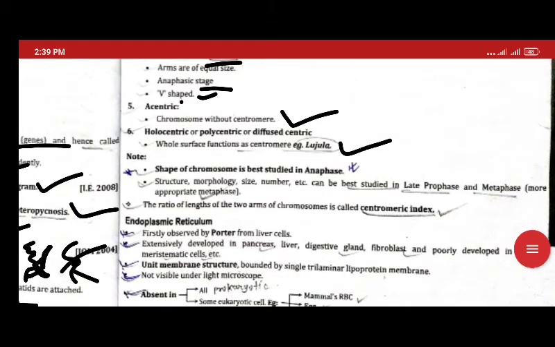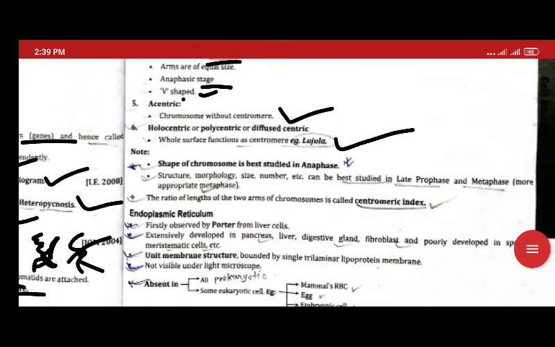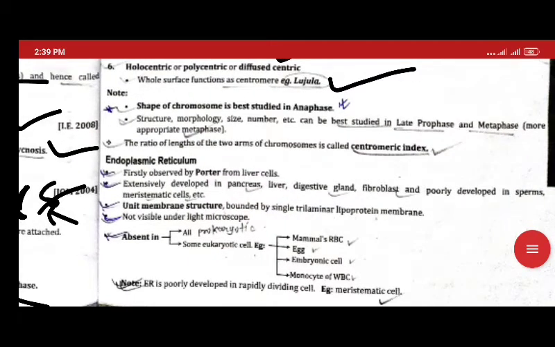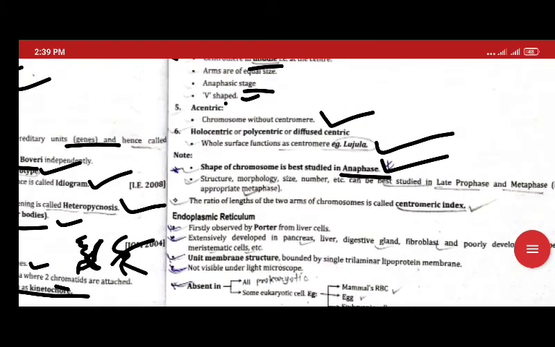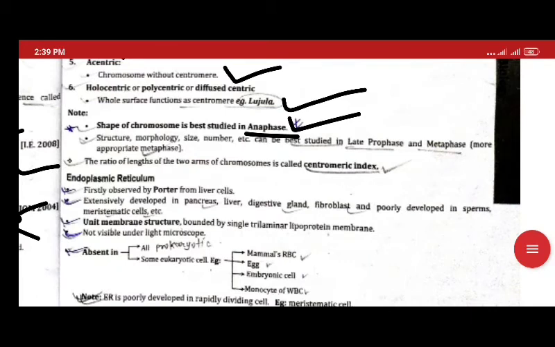Holocentric means the whole surface is centromere, example Luzula. Now shape of chromosomes is best studied in anaphase. So acrocentric and telocentric are T-shaped, submetacentric is L-shaped and metacentric is V-shaped. So best studied in anaphase and metaphase. Now the ratio of arm length is called centromeric index.